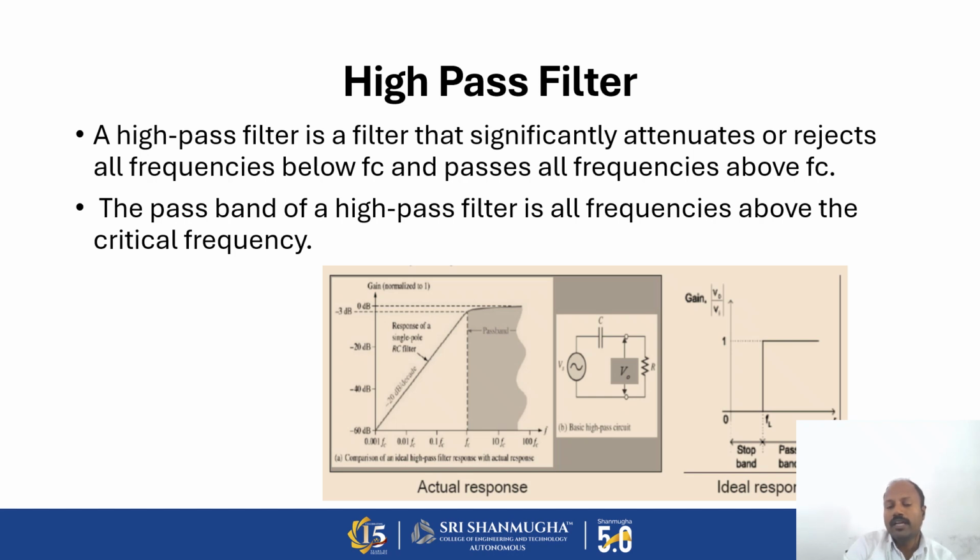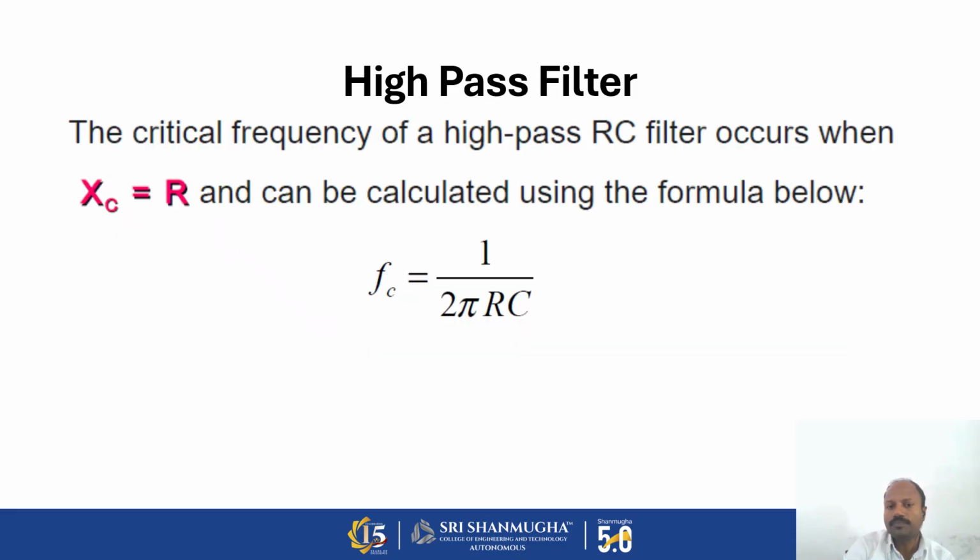That is, input will be given and a capacitor and resistor will be used where the output will be taken across the resistor. So the third case is an ideal response where we can see the lower frequencies are cut off and above the cutoff frequencies are allowed. That is a constant value we are showing. That is an ideal response of this.